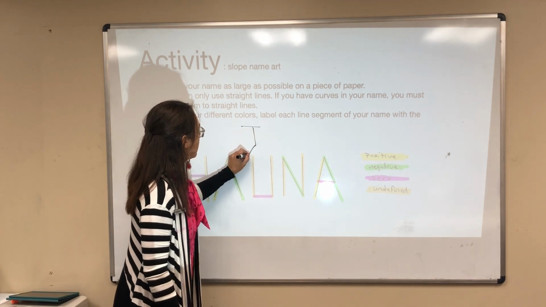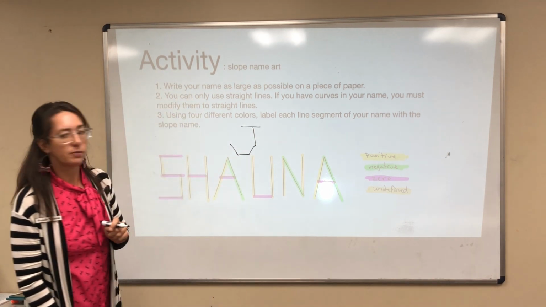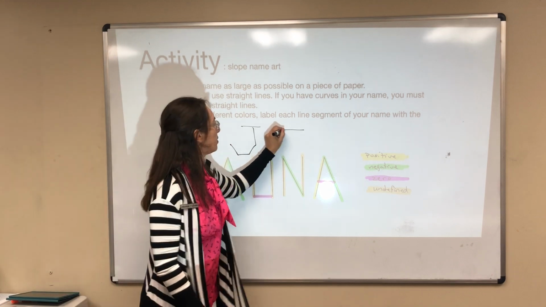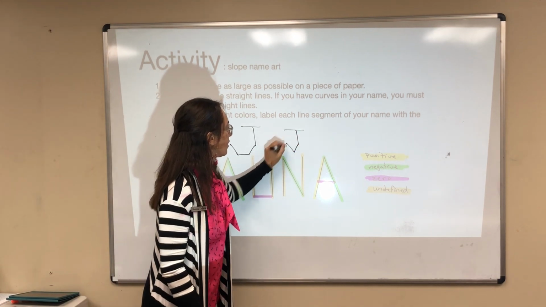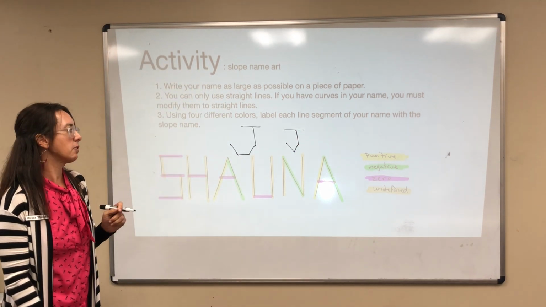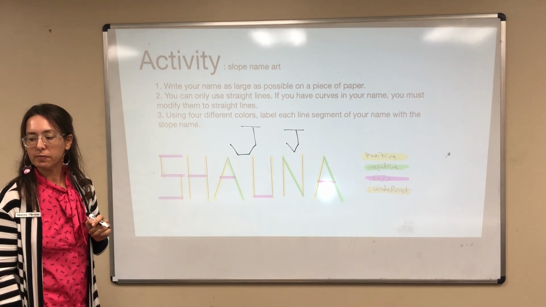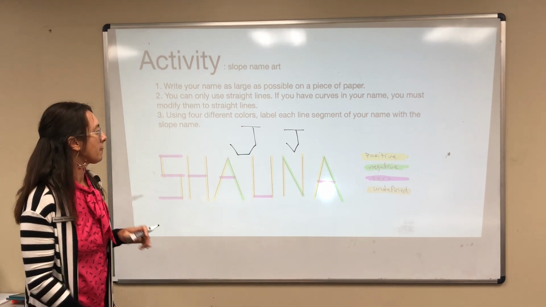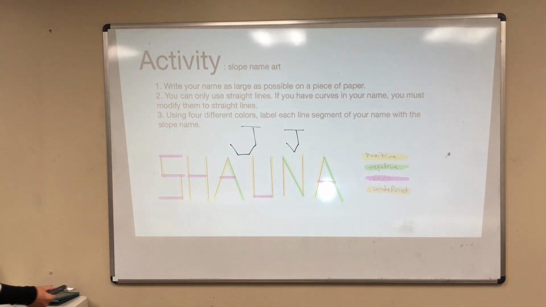So like, you might do that for a J, or you could do that for a J. However you choose to do it, I don't really care. Okay, we're doing just straight lines.